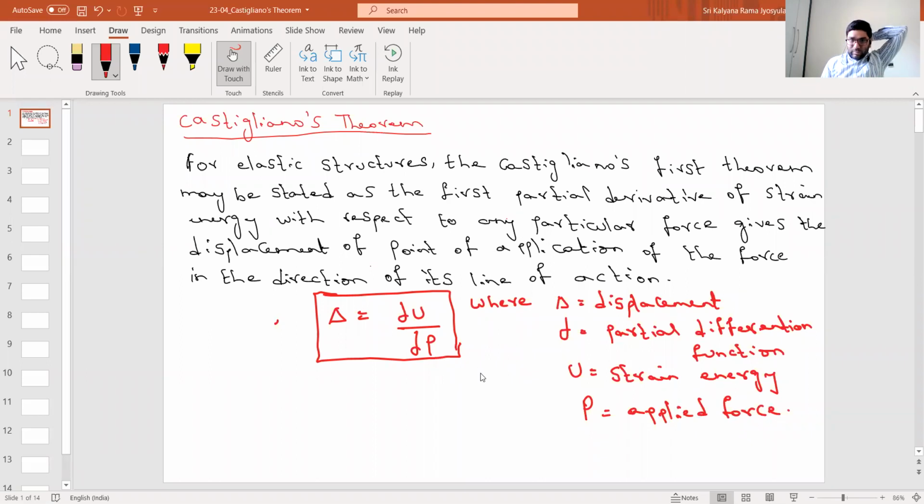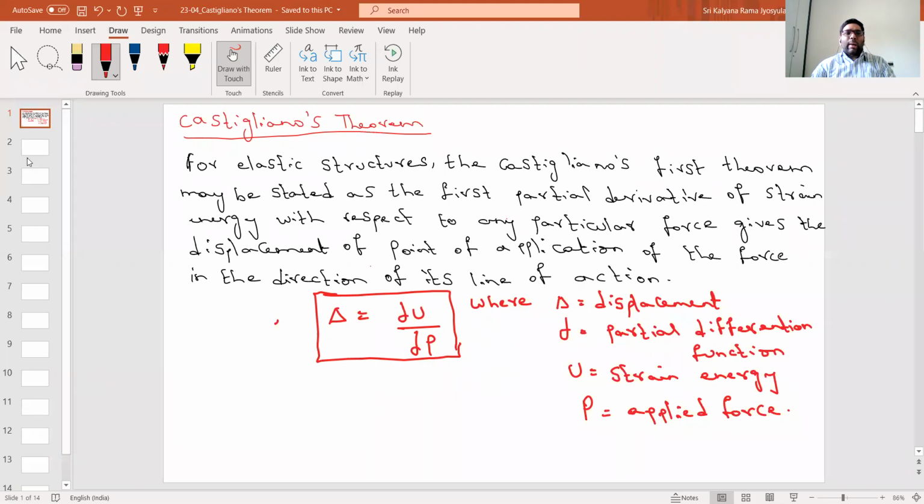So this is how we get the deflection of any structure using Castigliano's theorem.